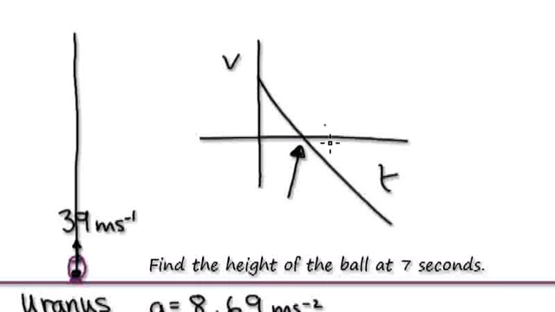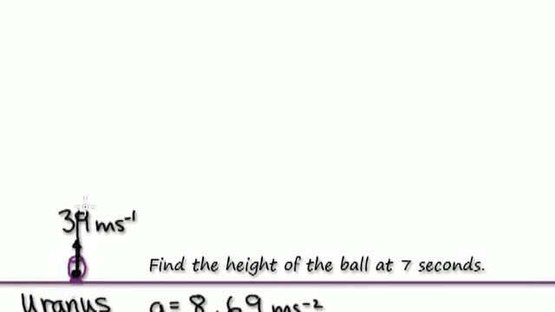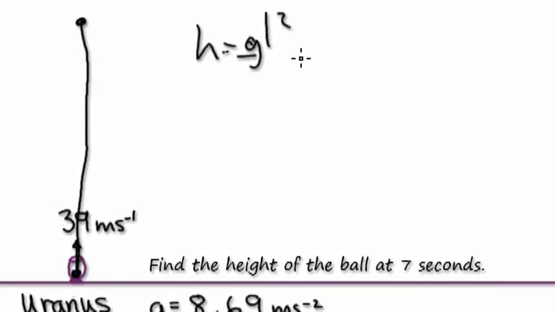Later on I'm going to give you a time that's before the maximum height, in which case you would just work out this area here rather than working out the whole thing and then taking away this area here. By the way, I always ask you to find the distance to get to the maximum height, then jump to the free fall, gt squared over 2, and then take this distance away from this distance.